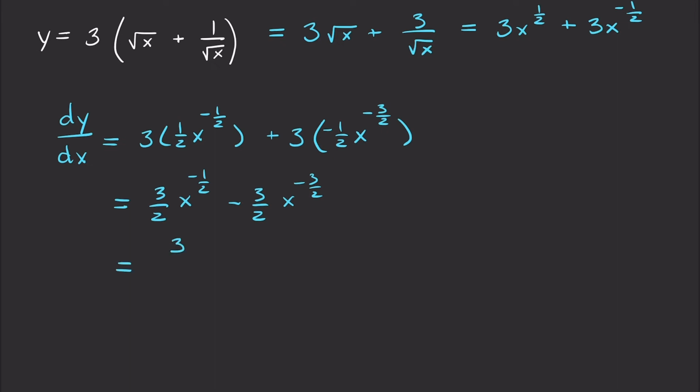So we'll have 3 over 2, and then this is a square root since it's 1/2 power, square root of x, and then minus 3 over 2. This is also a square root, but our x is going to be cubed because of this cube here. And then this is our final answer.